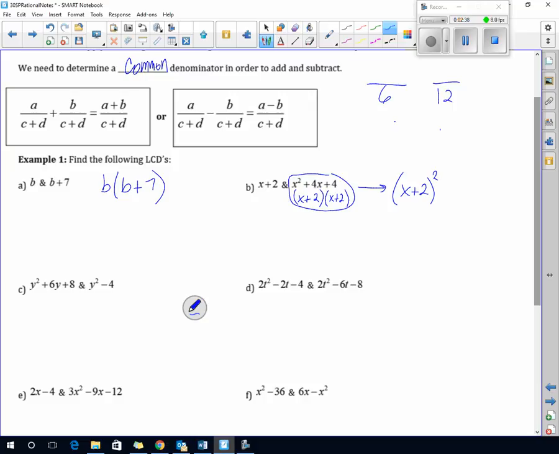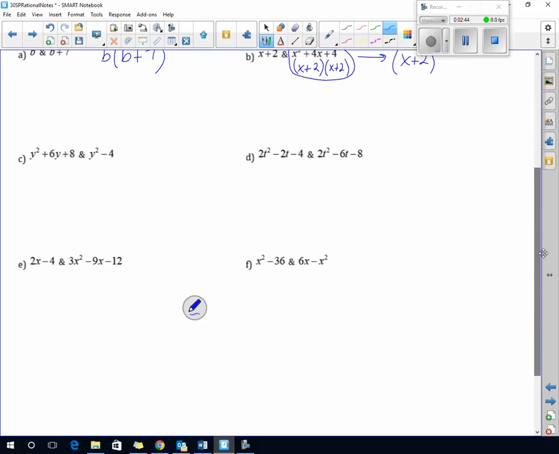Okay, so let's do this one. So let's factor this. What do we get here when we factor? y plus 2 times y plus 4. Yes? What does this factor to be? y squared minus 4, what does that factor to be? Yeah, y minus 2 times y plus 2. Okay, so what is the LCD going to be?